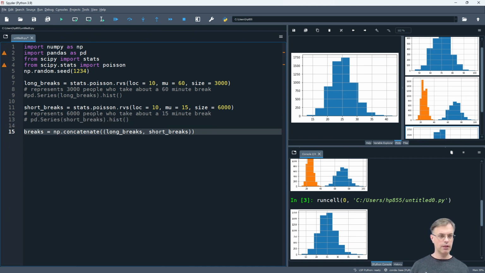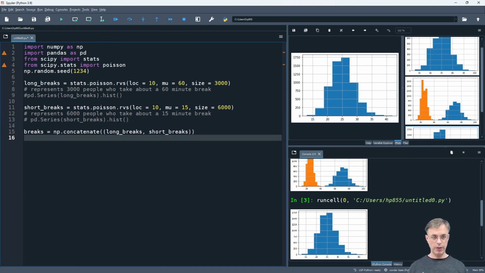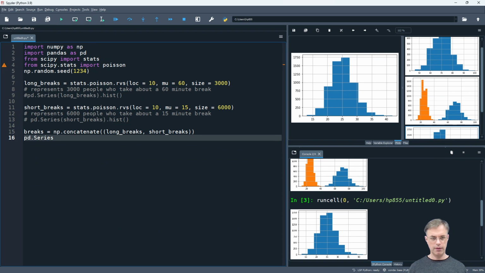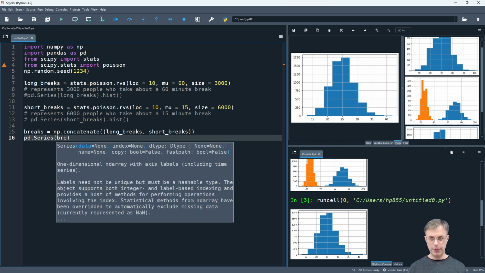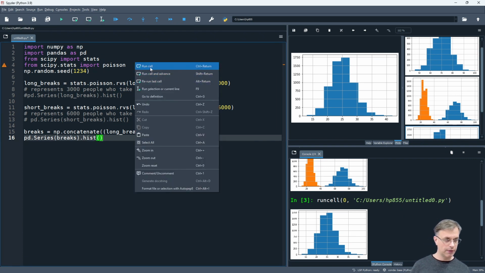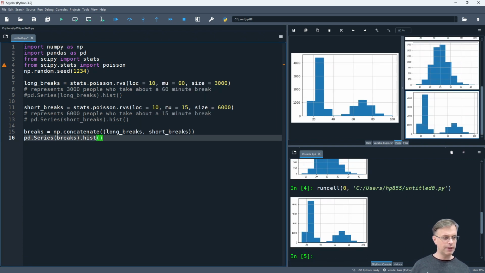And then all we need to do this time is pd.Series and breaks. And again here histogram, and let's run it, and we got the two together, so we can see that we have two humps.